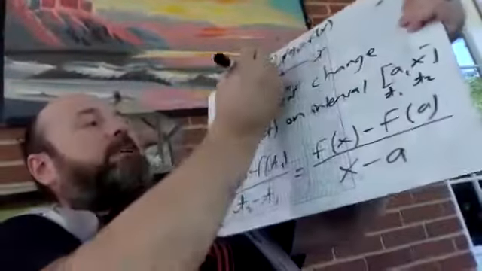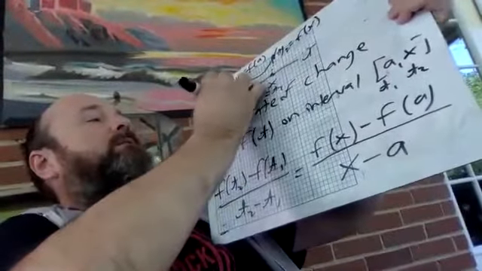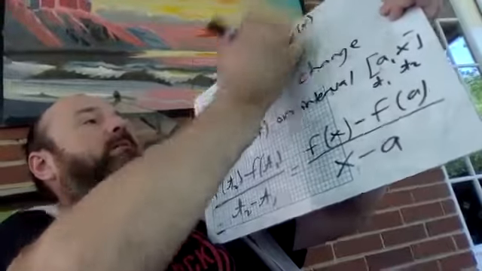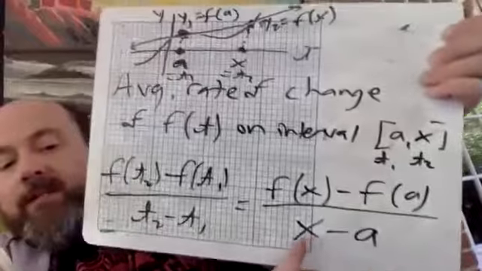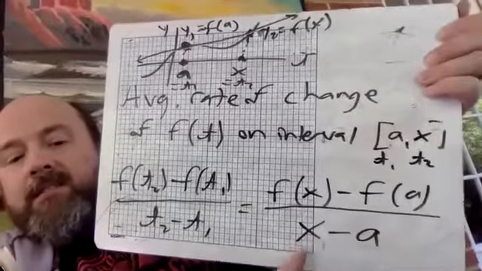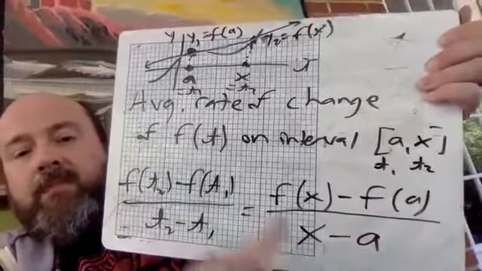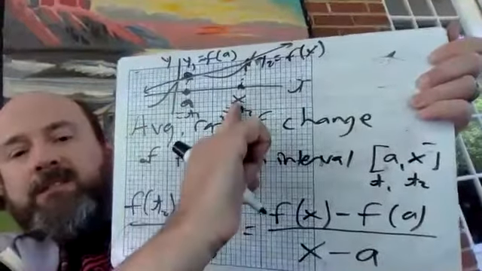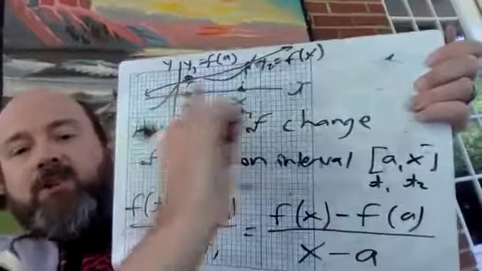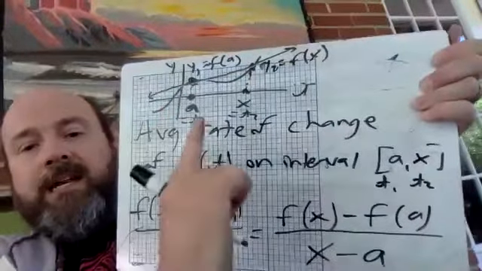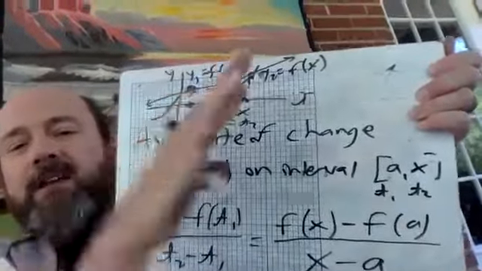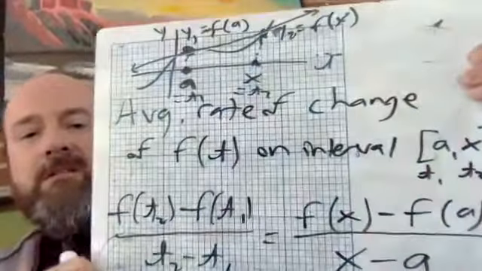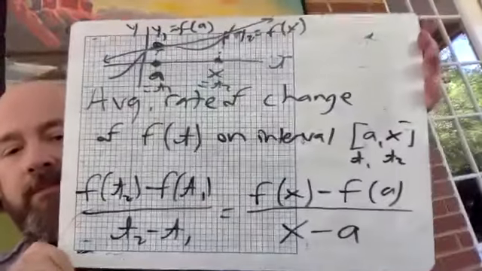We're going to connect them to get the secant line. We're going to find the slope of that secant line, and that's what we got right there. In this setup, where the left-hand point is a and the right-hand point is called x, and you draw a line to connect the 2 points on the function, it kind of looks like the average steepness of the function.